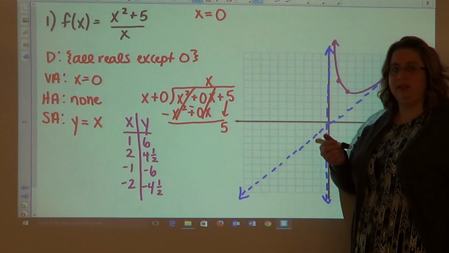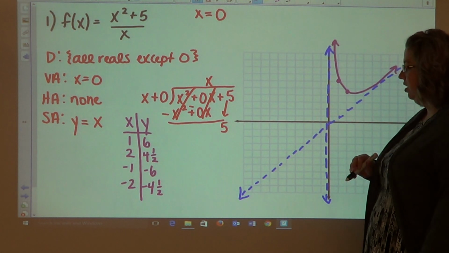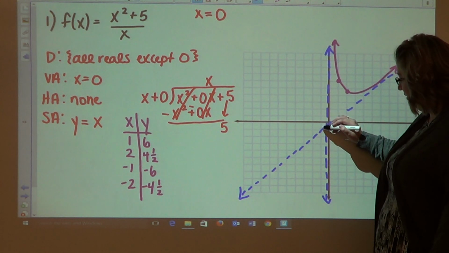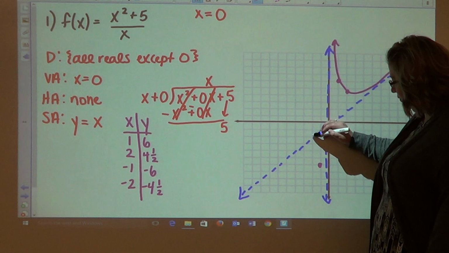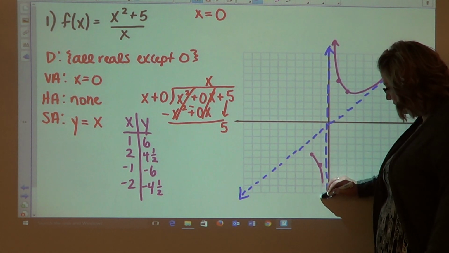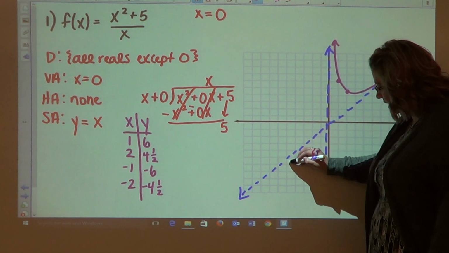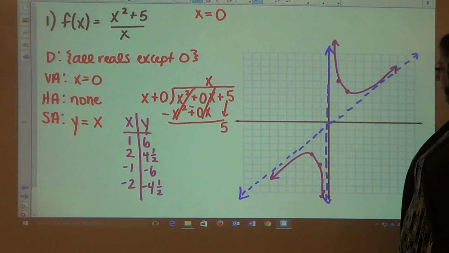Never going to cross, but they're going to come close to it. Make sure you put your arrows on it. Then I have -1, -6, -2, -4.5. Same thing, these are going to curve and get close to your dashed lines, but are never going to cross it.